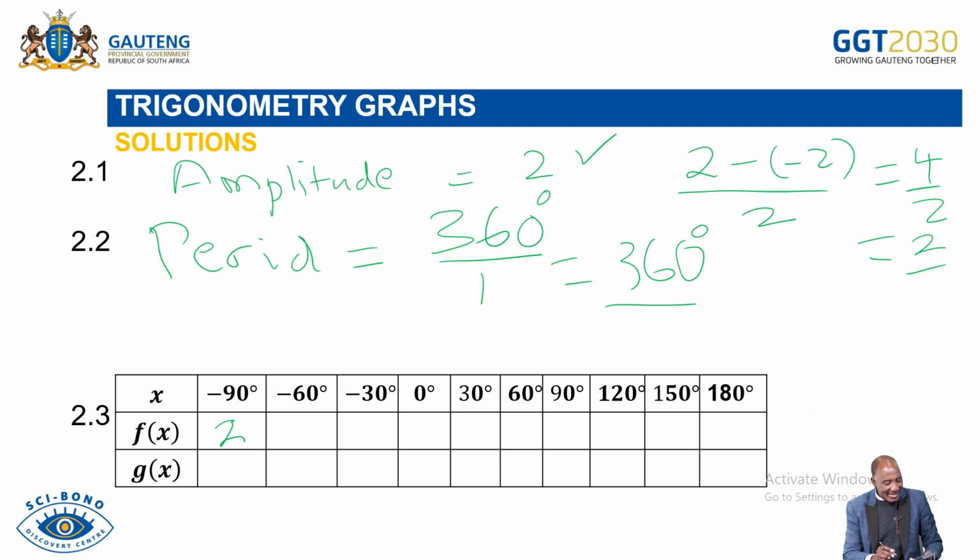Then at negative 60, we get 1.7. Correct to 1 decimal place, but correct to 2 decimal places is 1.73. Then at negative 30, you continue and so on and fill in all those angles on your own. Fill them in. Yes, let's work, boys and girls. Let's work. Fill those angles in.